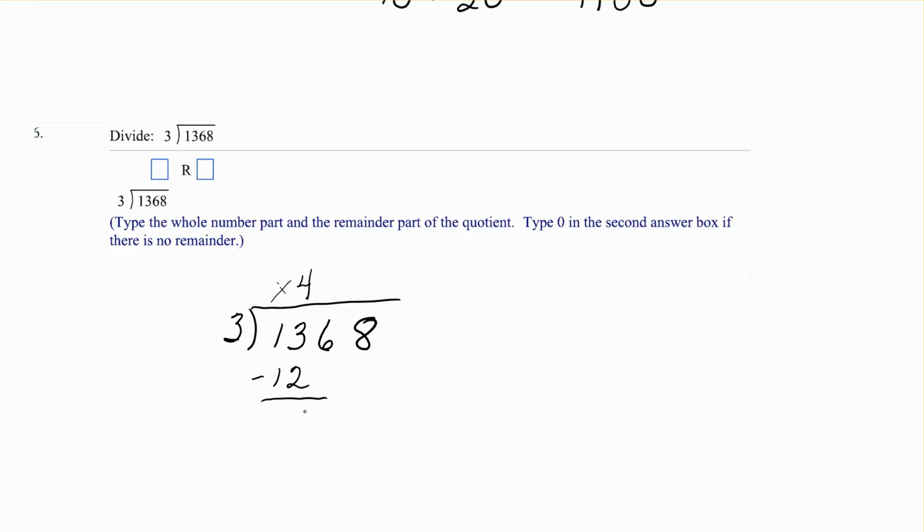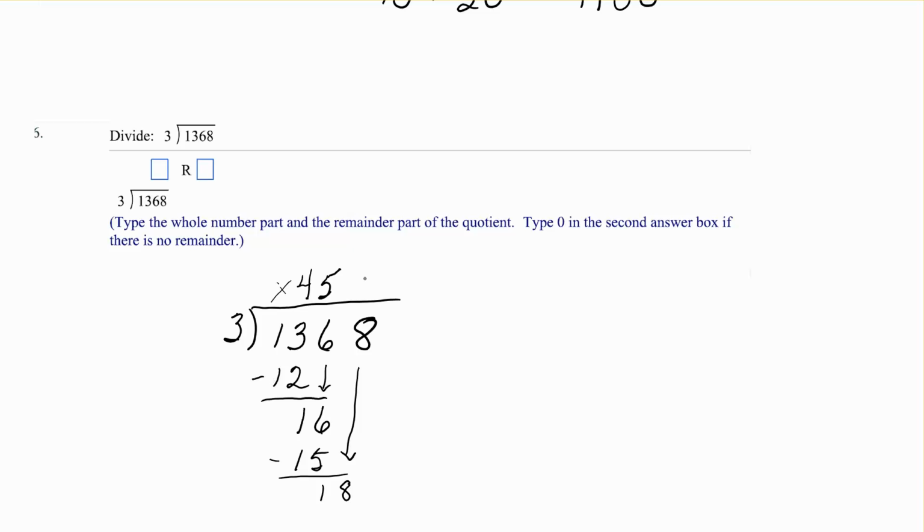Subtract. That gives me a 1, and in division, I bring down the next digit. 3 into 16. Well, I know my multiples of 3, and I know 15 is a multiple of 3, and that's 5 times 3. 5 times 3 is my 15. Subtract and bring down.